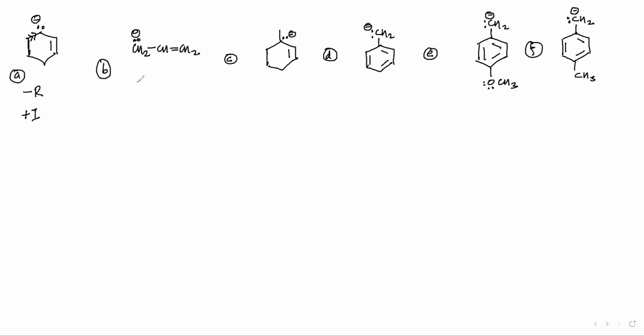Here only minus R is there, if I'm right. About C, I can say that there is plus I, plus I, and a minus R, if I'm right. Are you with me, Fatima?